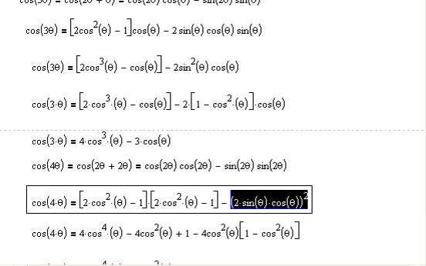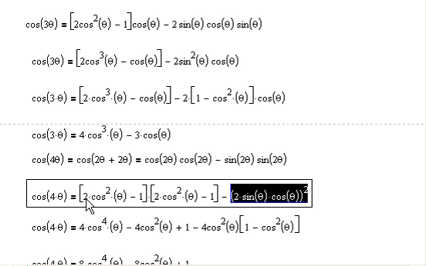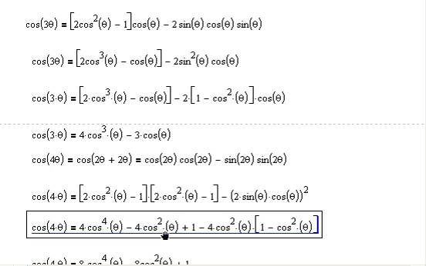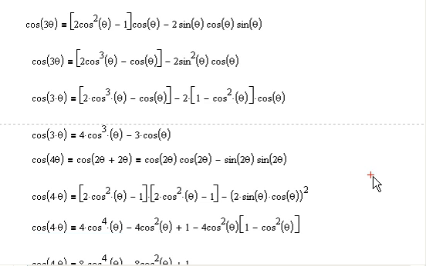So what's the result of all that? Well, this would multiply out to 4 cosine to the 4th theta minus 4 cosine squared theta plus 1. You should know how to do that. Multiplying a polynomial times a polynomial should be easy.